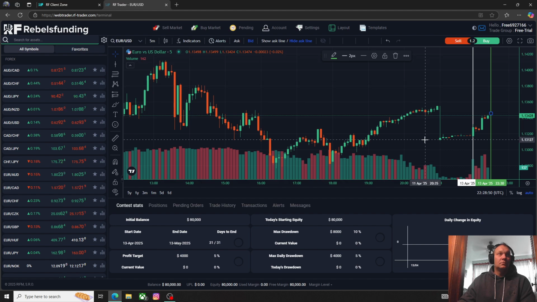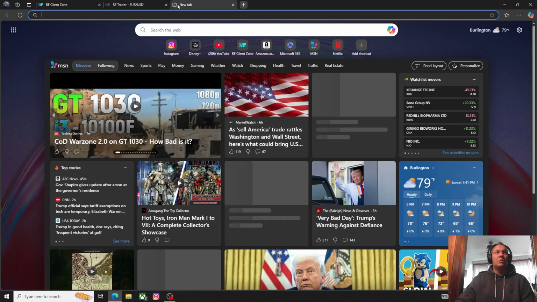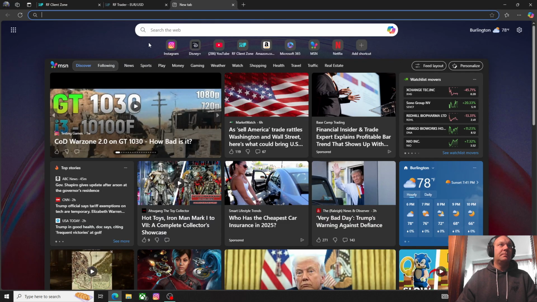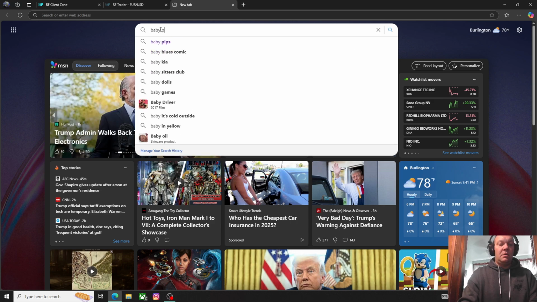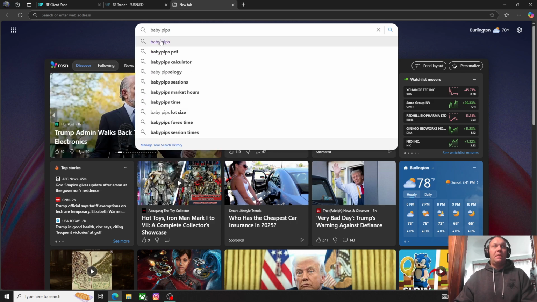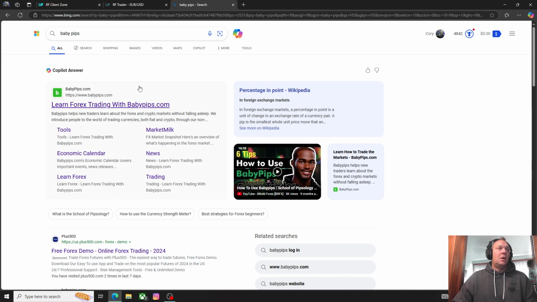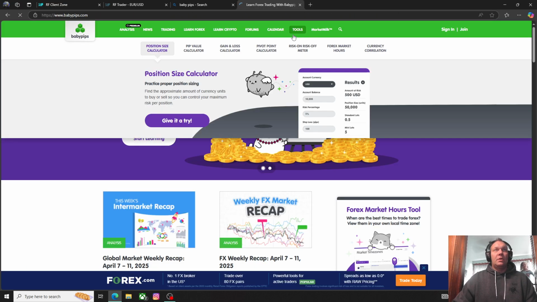Another part of this, being Forex, this is the euro versus the US dollar. And right now, there's a couple things you can do. For instance, if you go to Baby Pips, Baby Pips will give you tools.